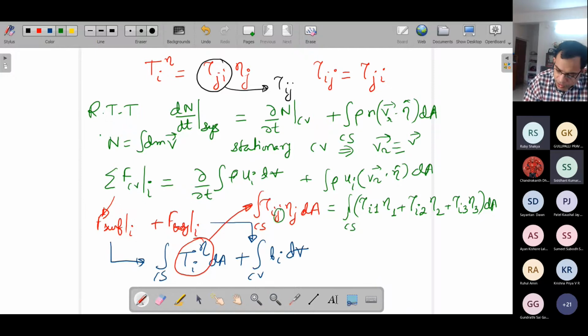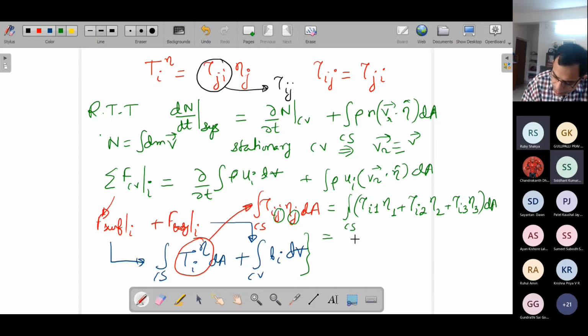The reason is that you have the repeated index j, so there is an invisible summation as per Einstein's notation. So now our job will be to express this in terms of some vector dot with the eta vector.